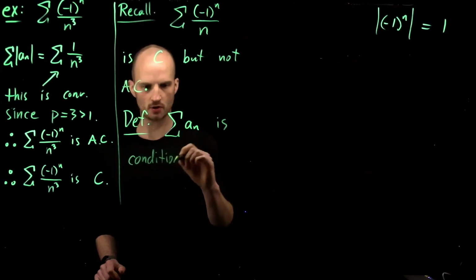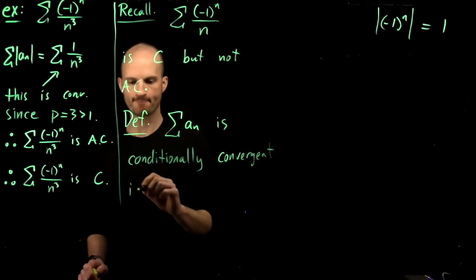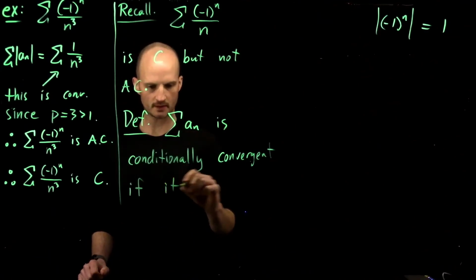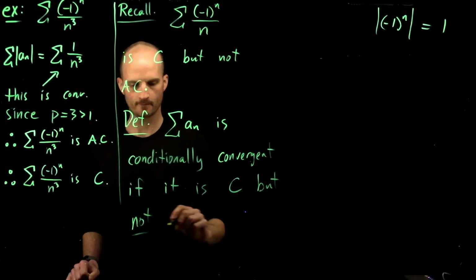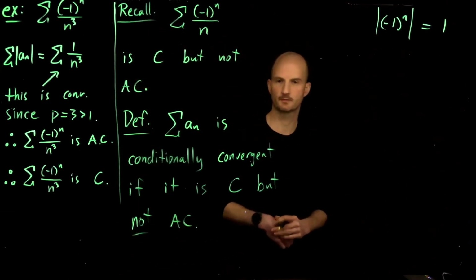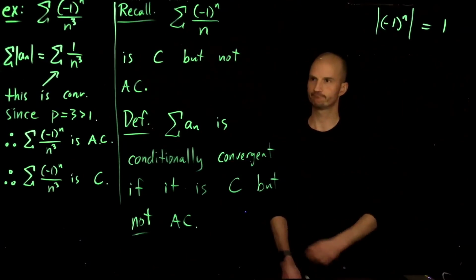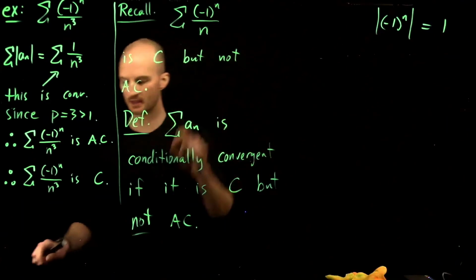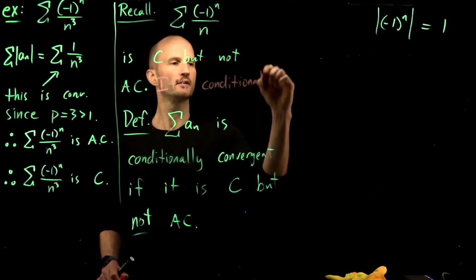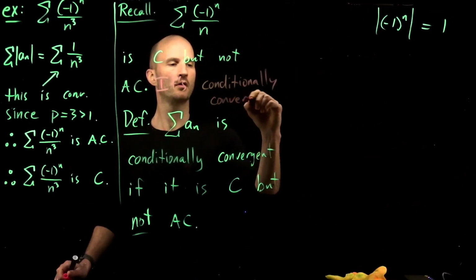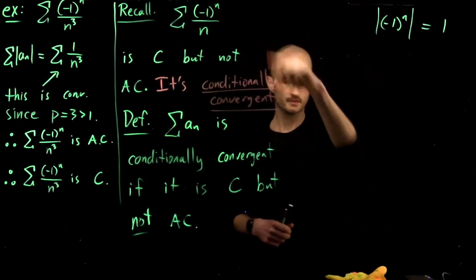So that's what this guy is. We'll say that up here, this guy up here is conditionally convergent. So that was the significance of this little bit here.